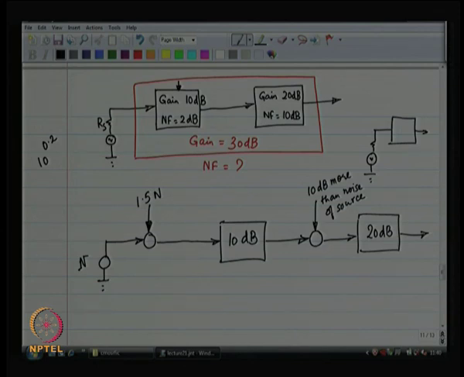So, 1.5 times n is coming there. 10 dB is really a gain of 10, 20 dB is a gain of 100. 10 dB more than the noise of the source is 10 times the noise of the source. All right. So, this is what we have got.